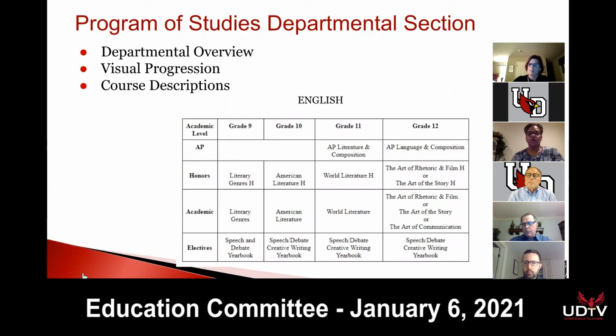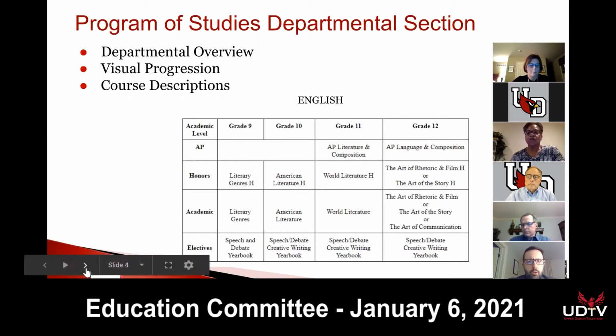So this gives a snapshot of what a student could take in 9th through 12th grade in English. Again, all content areas have this visual progression so that parents have a sense as to what years coming look like. And in each section, there are specific course descriptions, prerequisites, credit value, how many days a week, very specific information pertaining to each and every course available at the high school.